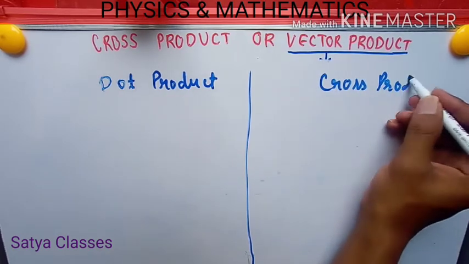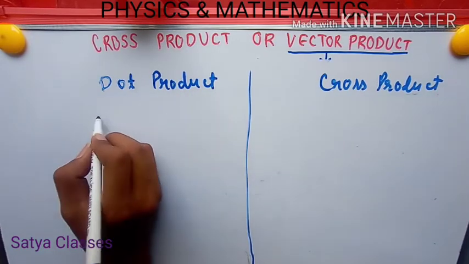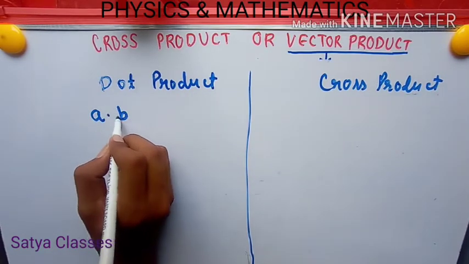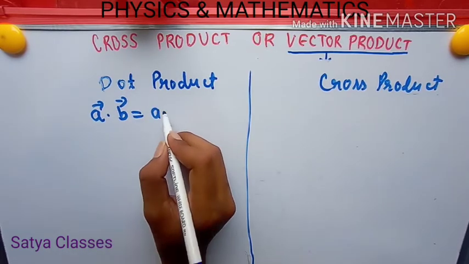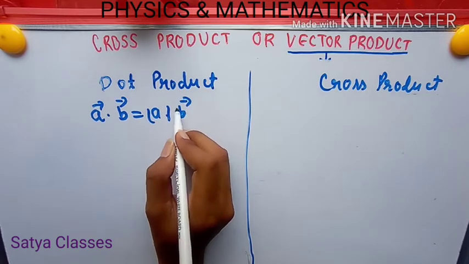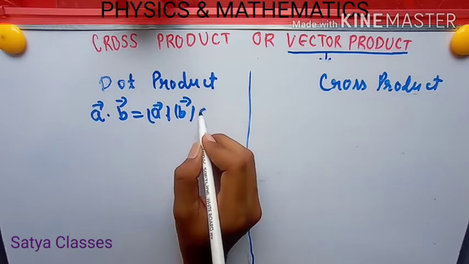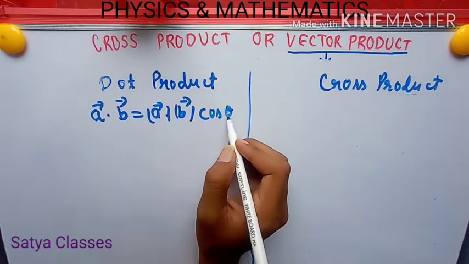Now you are able to tell me what I am asking. Okay, how to write the dot product? A dot B, and thereafter its expansion is mod A mod B cos theta. Okay, the cos comes over here.